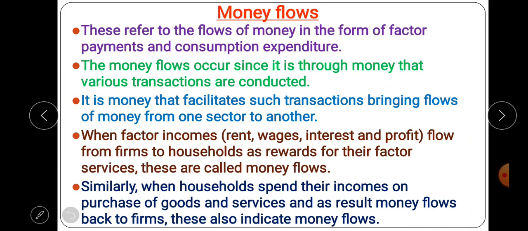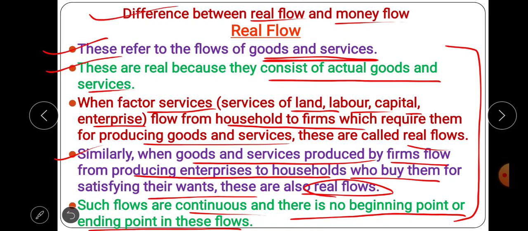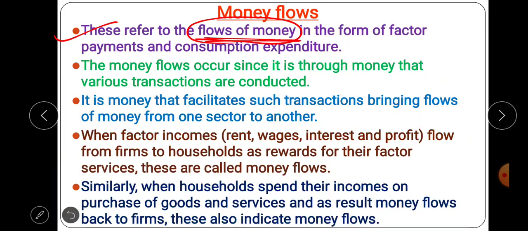This money flow refers to the flow of money. Here the important thing is flow of money, and in case of the real flow, these goods and services are transferred from one factor to another. Okay. So, money flow refers to the flow of money in the form of factor payments and consumption expenditure also.